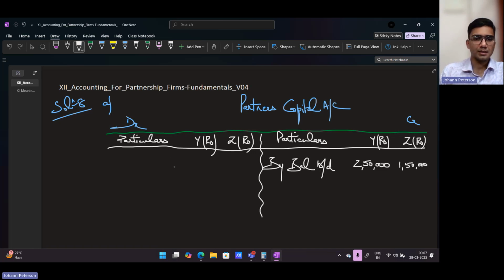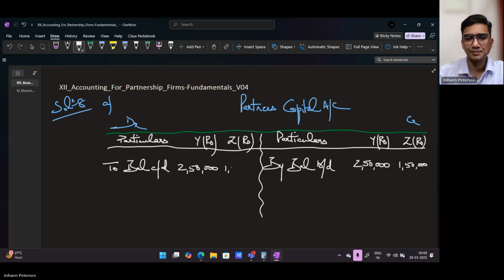Since no additional capital or no withdrawal of capital is done in this question, our closing balance will also be of the same amounts, to balance carried down. Amount is 250 and 150. Let's close this.